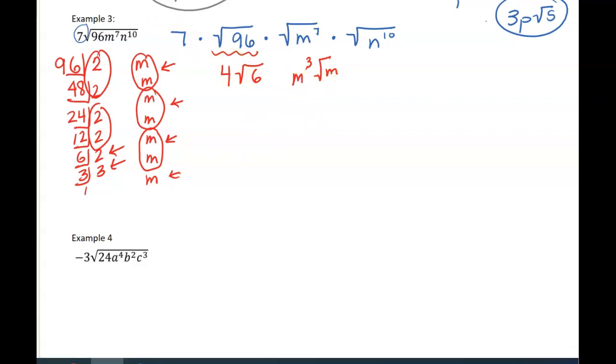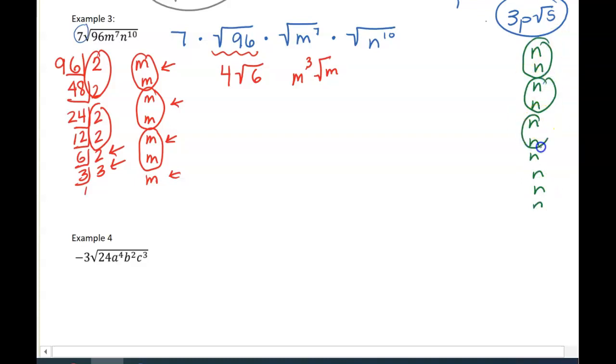And then you have your n to the 10th: 1, 2, 3, 4, 5, 6, 7, 8, 9, 10. Circle your pairs. None left over, so you don't have any under the square root. You have 5 pairs, so n times n times n times n times n is just n to the 5th.